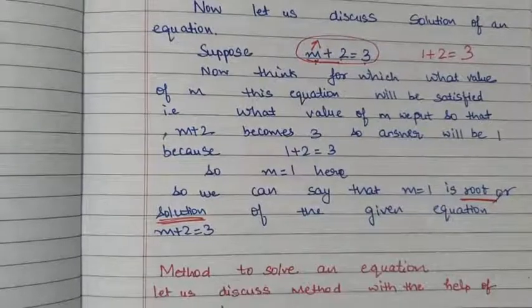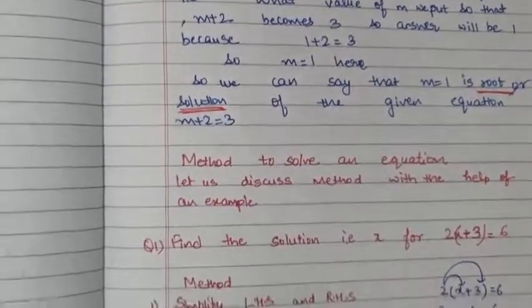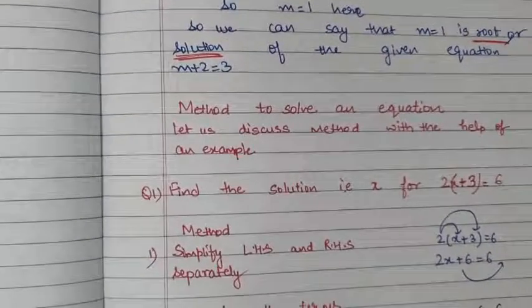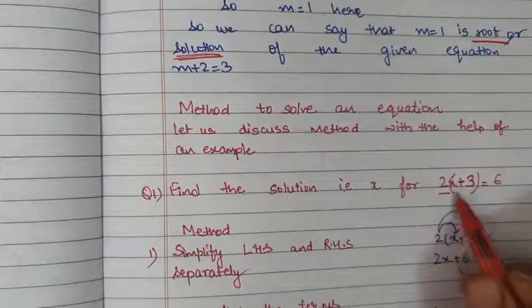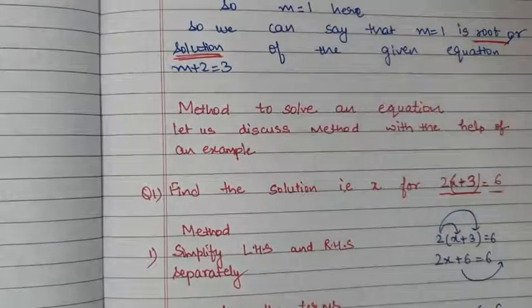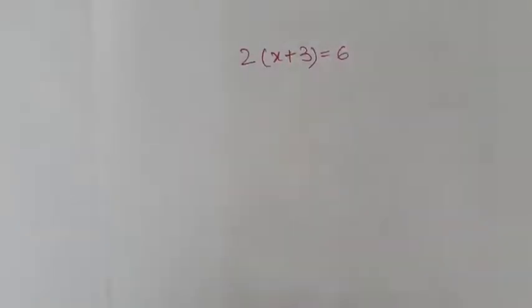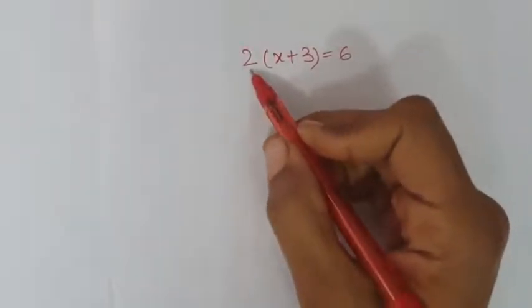Now students, let us start the method to solve an equation. The first question is 2 bracket x plus 3 is equal to 6. First of all, we will open the bracket.